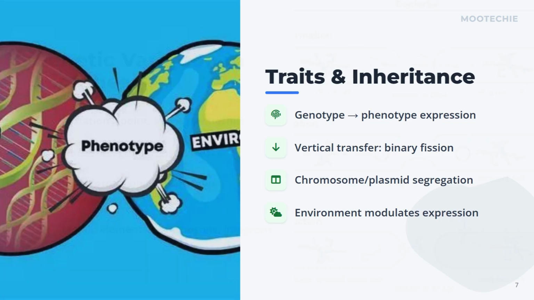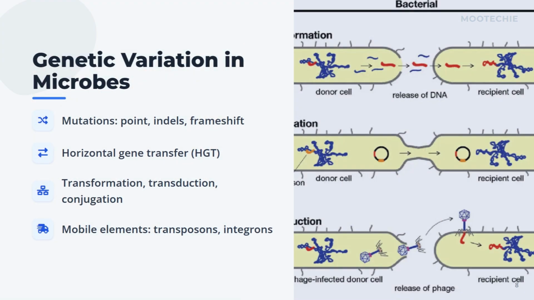Genetic variation in microbes. Variation arises through several mechanisms. Mutations, point, indels, frameshift, are changes in the DNA sequence itself, which can alter or disable proteins. More impactful is horizontal gene transfer or HGT, where genes are shared between existing cells, not from parent to offspring.